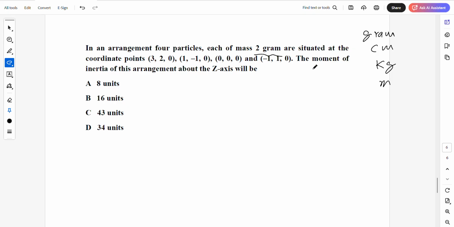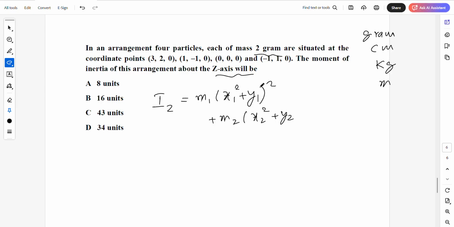Now, the moment of inertia of this arrangement about z-axis. What is the formula? Whenever you consider z-axis, only you should consider what? m1 into x1 square plus y1 square. No contribution of z will be there here. Plus similarly, m2 into x2 square plus y2 square.